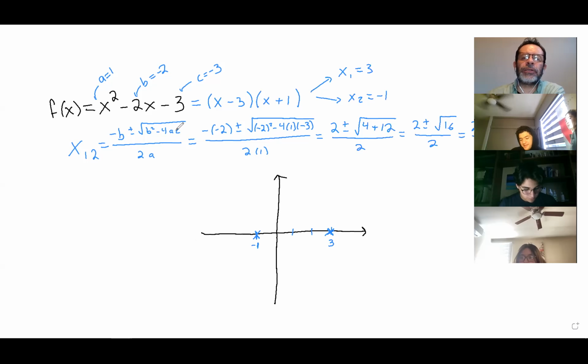And there's another thing we can do. I am going to find the value of f of 0. f of 0 is going to be 0 squared minus 2 times 0 minus 3. And so f of 0 is going to be equal to -3.